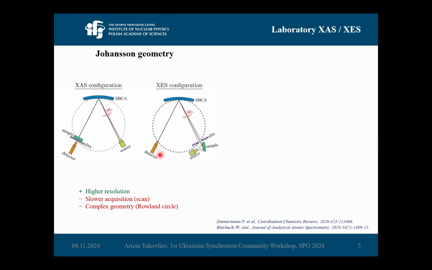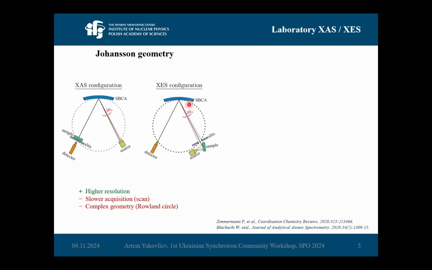And in Johansson geometry, unfortunately, you can get quite high resolution, but you have to scan the sample, and you have to scan the spectrum, and you have to scan it in quite a complex geometry.